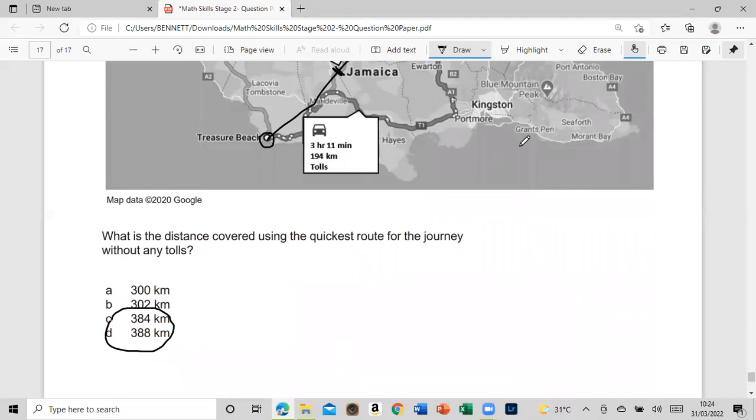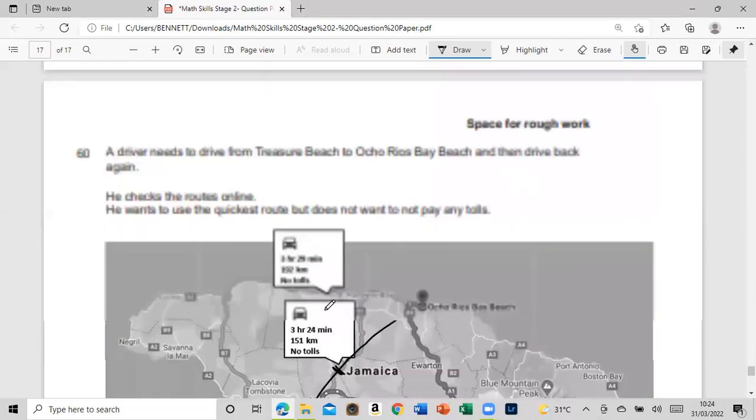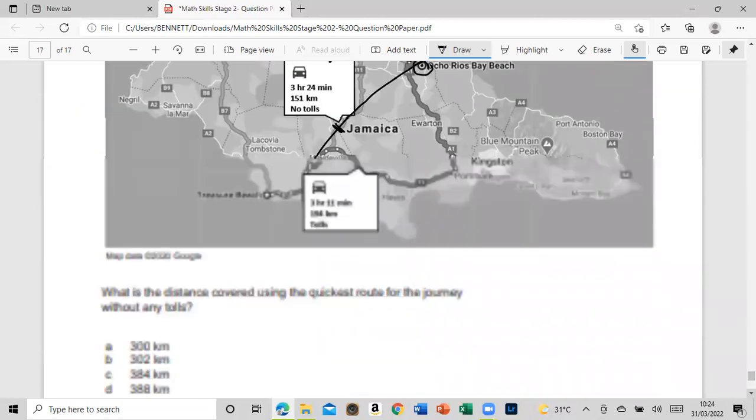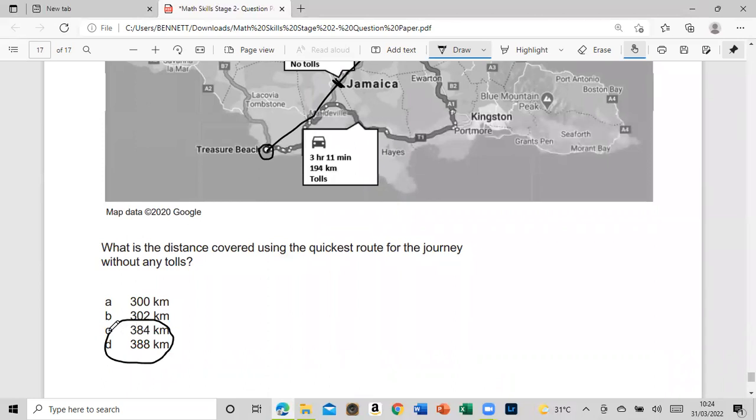Alright. But it doesn't make any sense because no distance was given from here. So when we reach here, we don't know how we're going to get from here to here. So are we to assume? I'm going to choose a smaller number, 384. So that would be C.